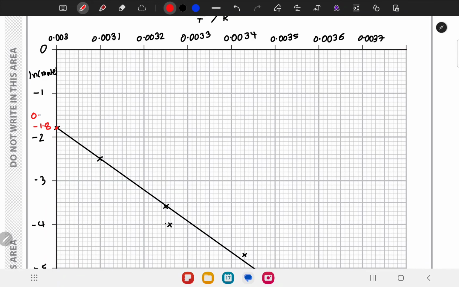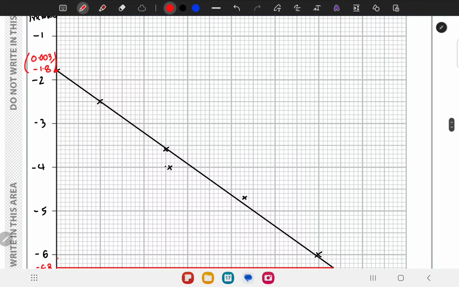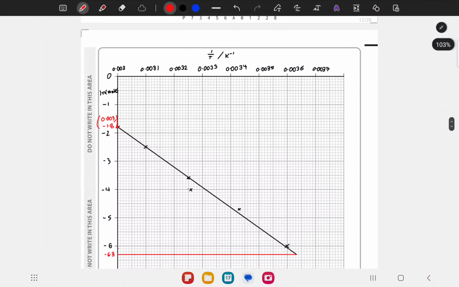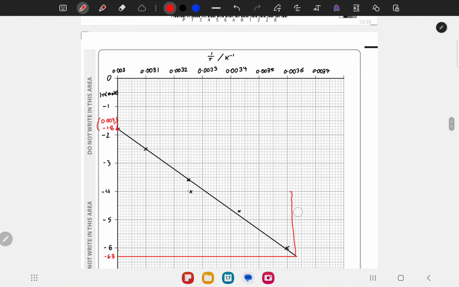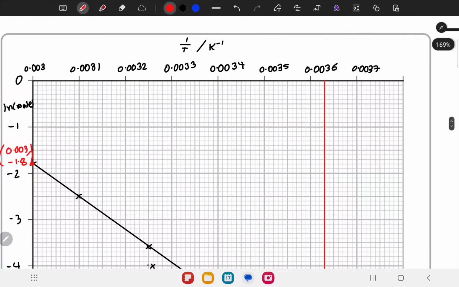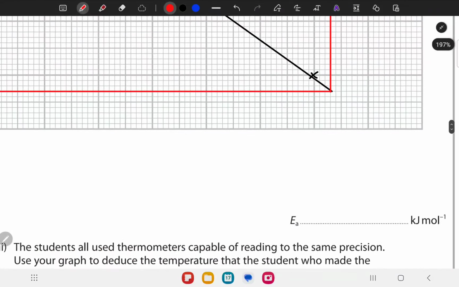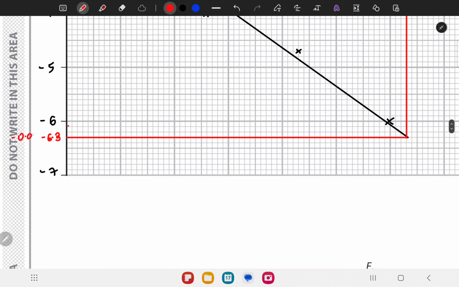This is 0.003, minus 1.8, and this point is 0.00363, minus 6.3.